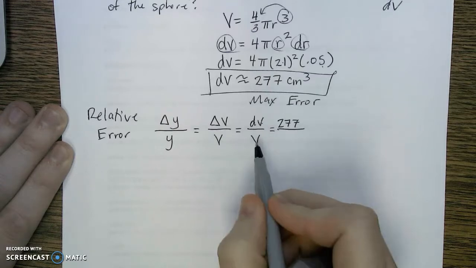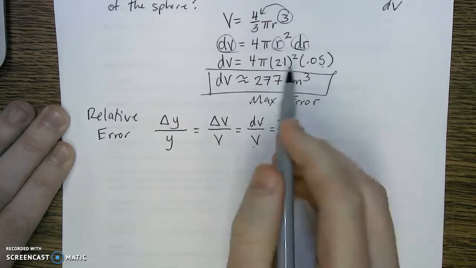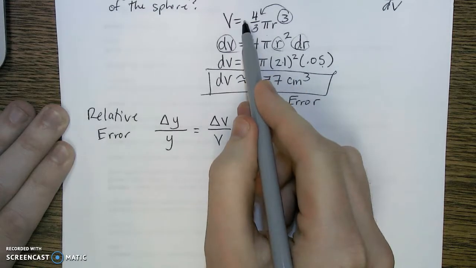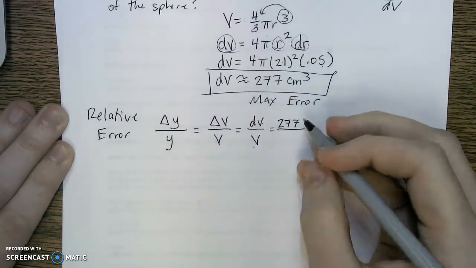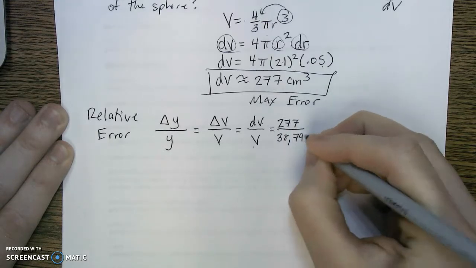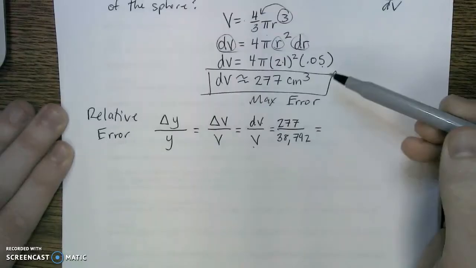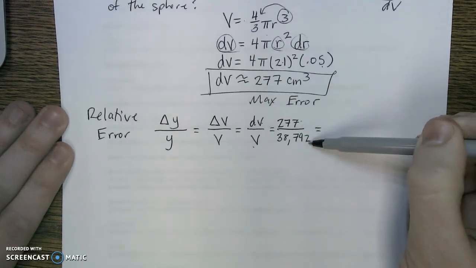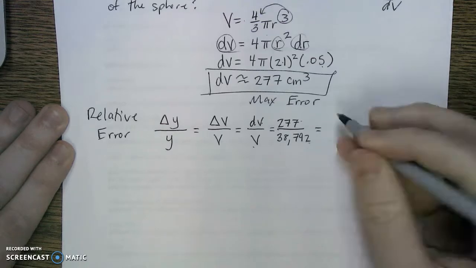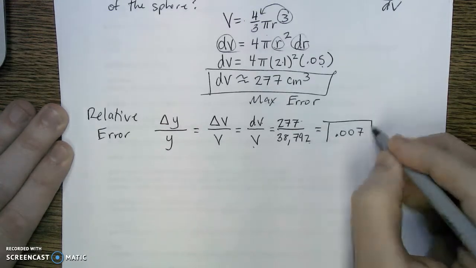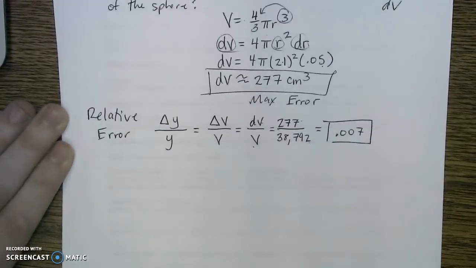And then my actual volume, if I go ahead and plug 21 into the original volume equation, I get 38,792. So I've got my dV divided by my V when you plug in a radius of 21, and I get 0.007. So that's my relative error, if they ask for that.